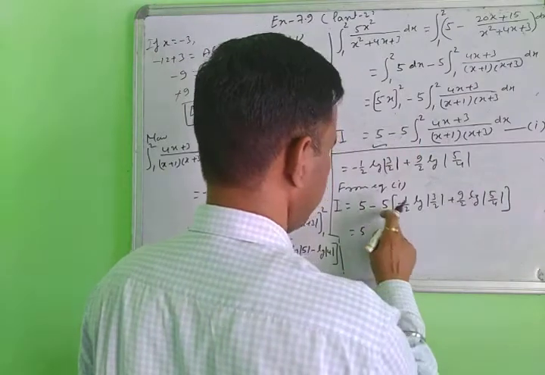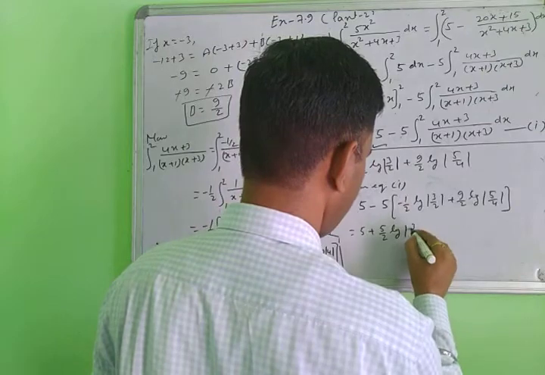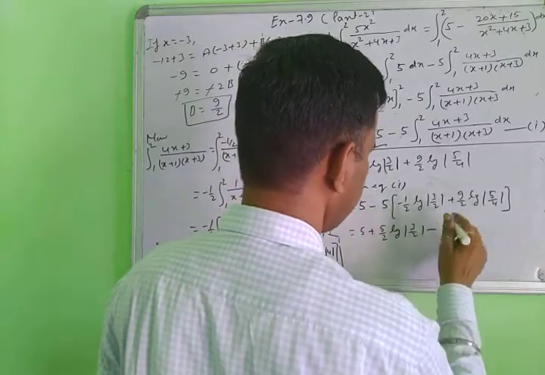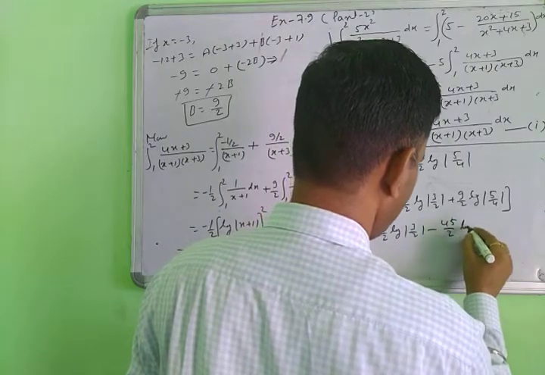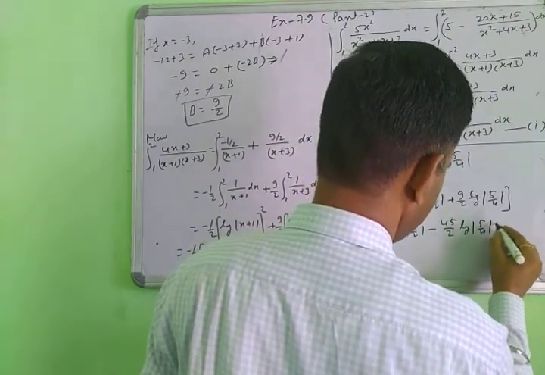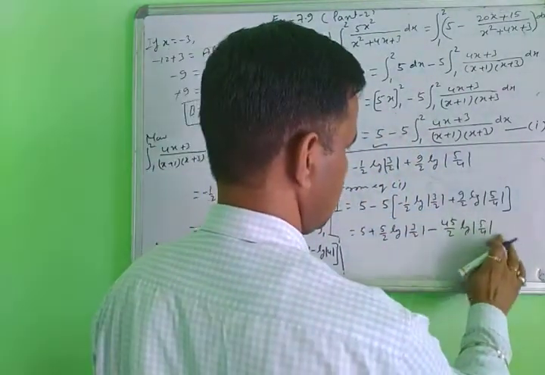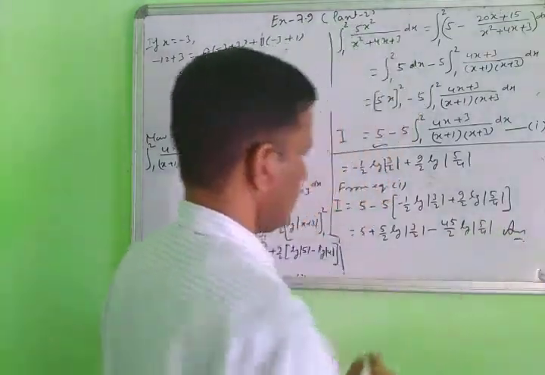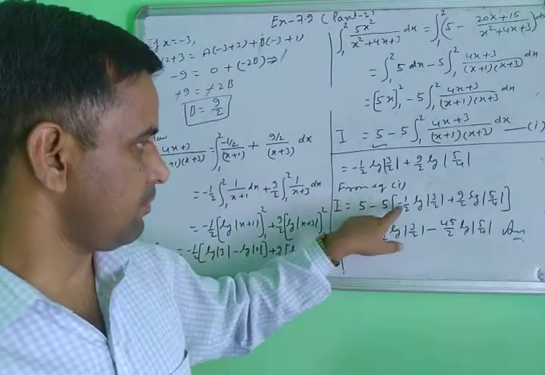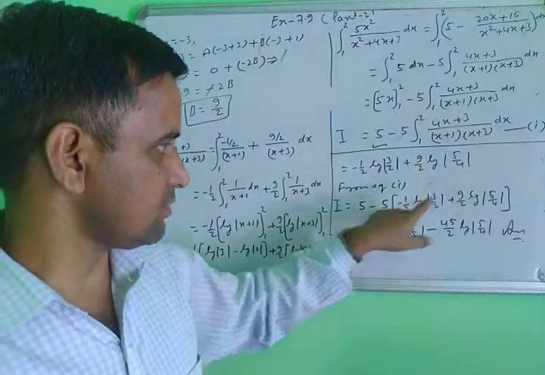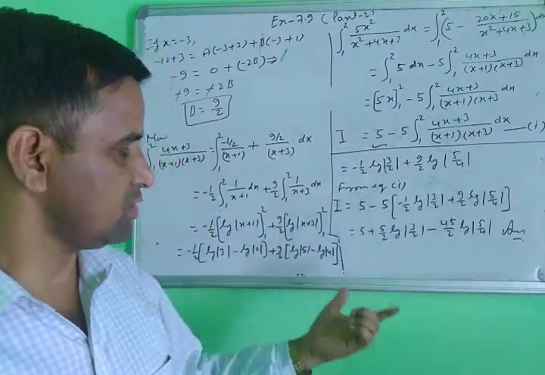So 5 times minus minus here is plus, giving 5 by 2 log 3 upon 2, and minus 45 by 2 log 5 by 4. This is your complete answer. When you multiply by 5 on both terms, minus times minus is plus, and plus times minus is minus, and 9 times 5 is 45 by 2 log 5 by 4. This is your final answer.